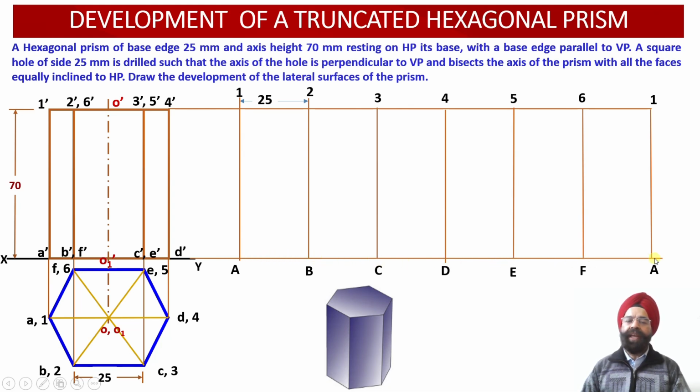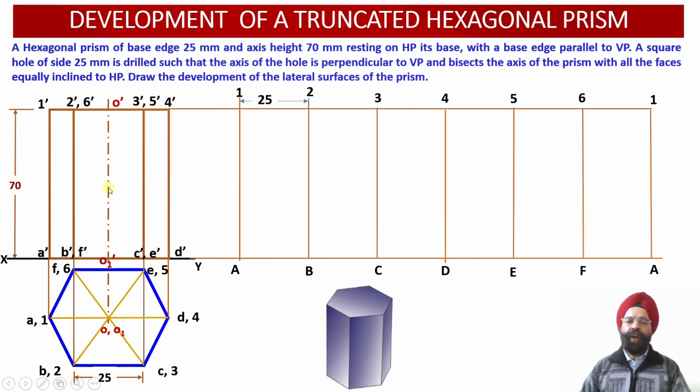Now let us obtain the location of the square hole in the elevation view. We know that the height of this hexagonal prism is 70 millimeter. A square hole has been drilled through this hexagonal prism in such a way that the axis of the hole is perpendicular to the vertical plane and bisects the axis of the prism.